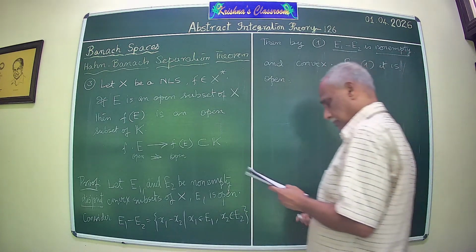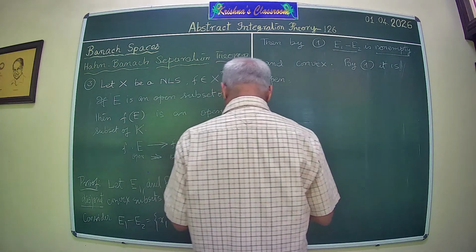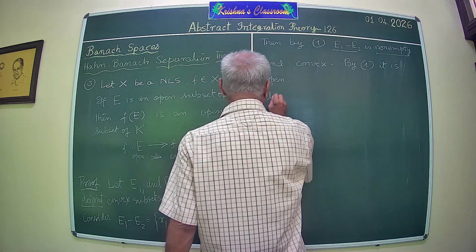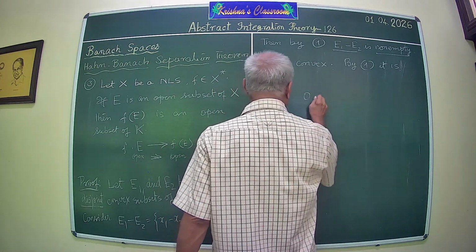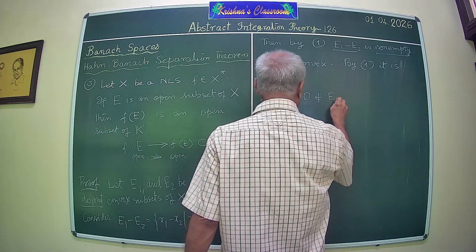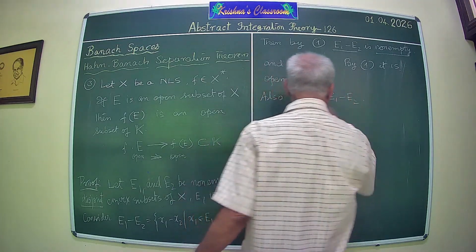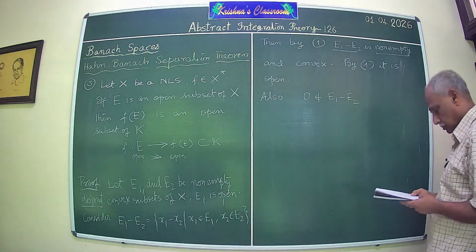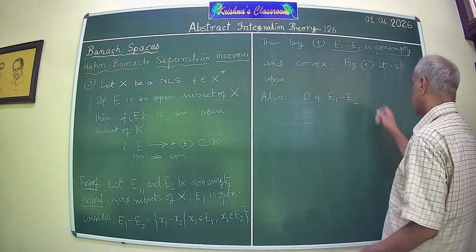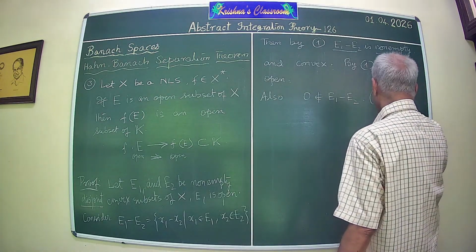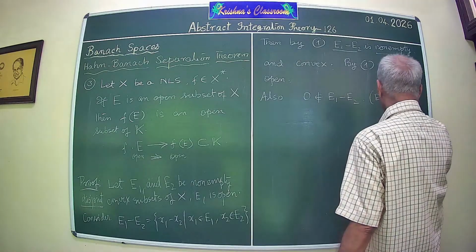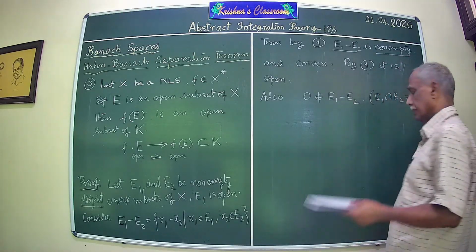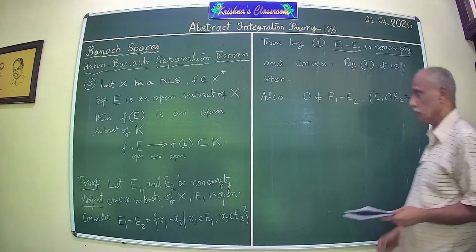Also, zero is not in E1 minus E2, since the intersection is empty. That's the reason for that.